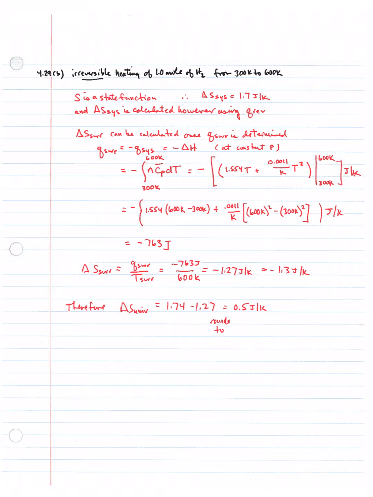The Q of the surroundings is the negative of the Q of the system. Since we're assuming this is a constant pressure, like I said, in a balloon, I'm just heating a balloon, Q of the system is going to be the same as delta H. So you can make a substitution there.